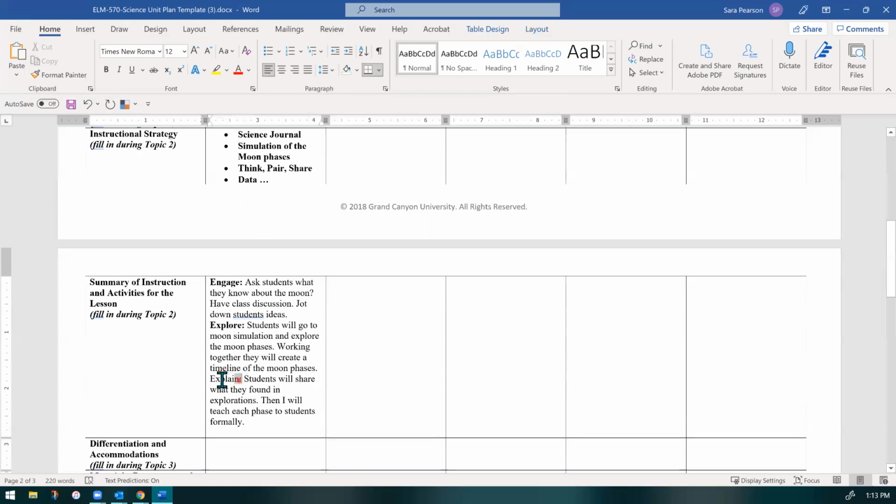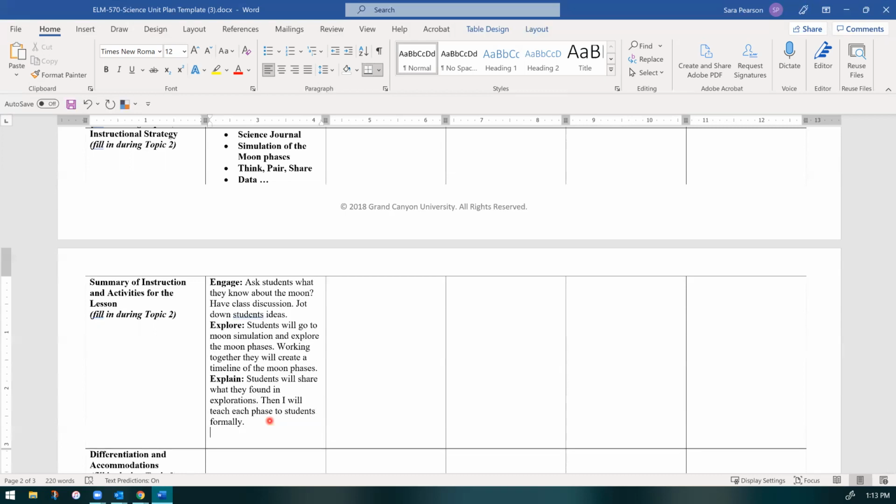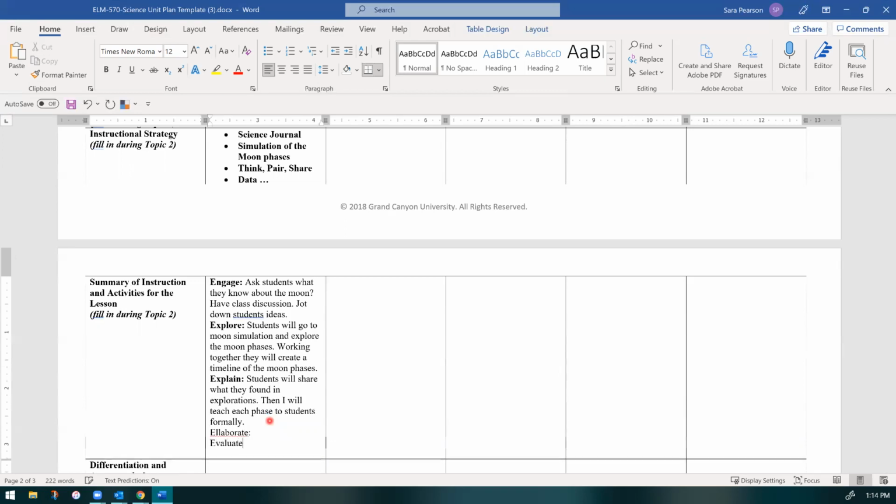Okay. Now that might be all you do for that day. That could be the end of it. Or you might end up going into the next two phases of the 5E model, which are elaborate and evaluate.